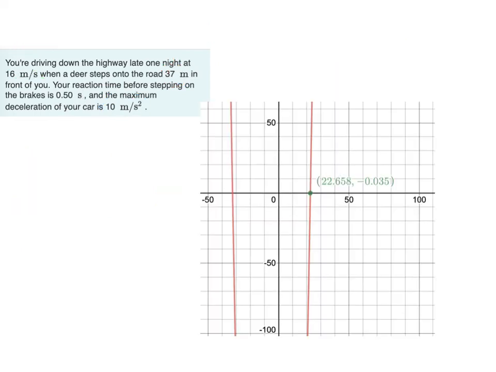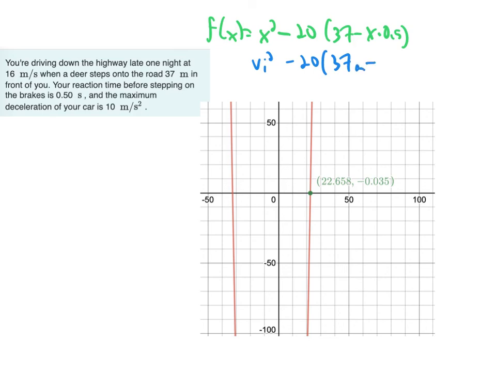So here I've gone to Desmos and I graph the function f of x equals x squared minus 20 times 37 minus x times 0.5, which you might recognize is the same as our vi squared minus 20 times 37 meters minus vi times 0.5 seconds, in meters per second squared. And we set ours as 0, so I asked Desmos to find the 0 of that, and it did.